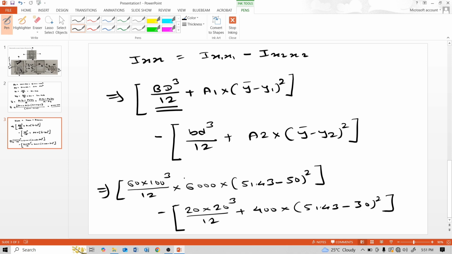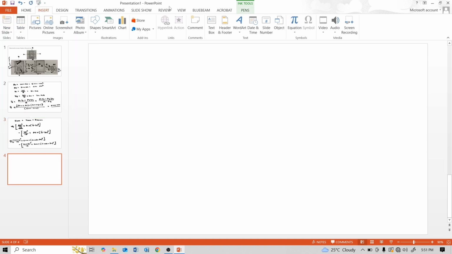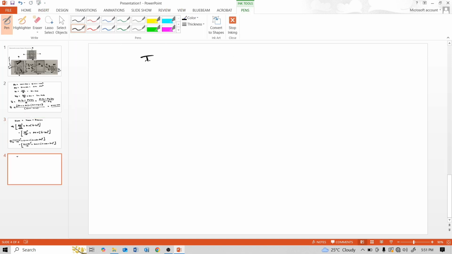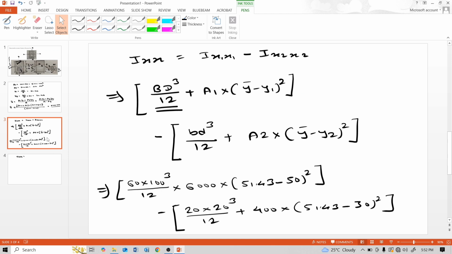So moment of inertia about x axis for this original section is 60 into 100 cube divided by 12 plus 6000.